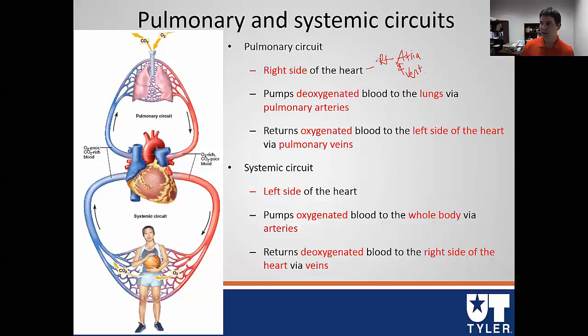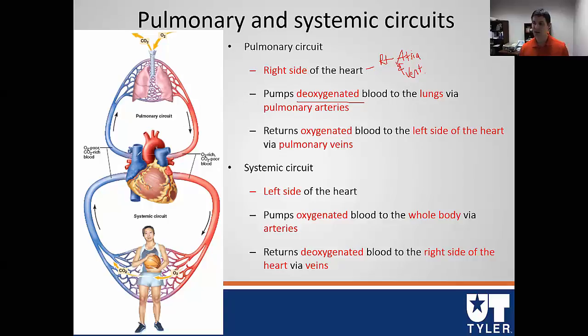Right? So these are going to be pumping deoxygenated blood to the lungs via pulmonary arteries. As I mentioned previously, arteries almost always carry oxygenated blood. This is the one example of when it is not carrying oxygenated blood, when it's going to the lungs.